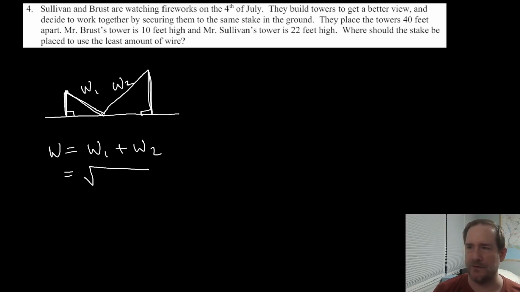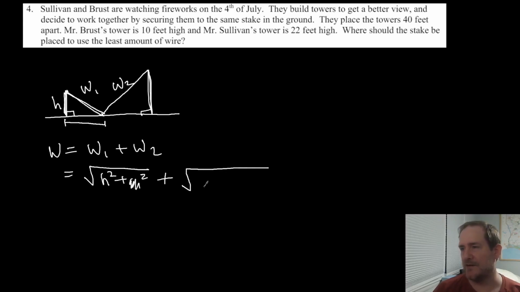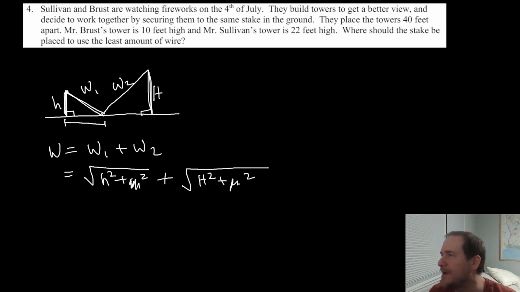It would be the square root of this height and whatever this base length is. So you end up with like an h squared plus whatever the base is squared. Then you add to that the second wire, which will be the other height. So you'll do height squared plus whatever the base is squared. And then just the math to actually solve this was a little bit annoying, so I don't want to do these two. That's fine. We don't need to.